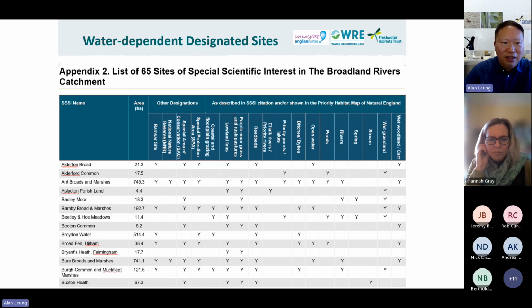If we look at the Broads and marshes, for example, it's quite a large area and contains a lot of freshwater habitats. Some smaller sites may have fewer habitats, but they're still water dependent.